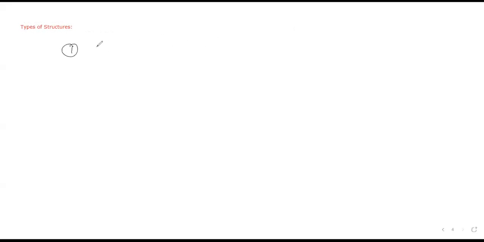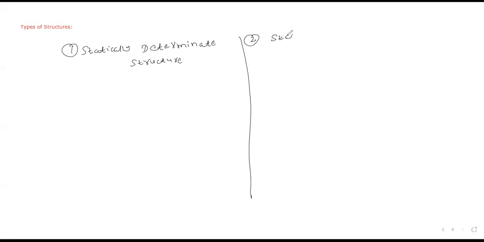One is a statically determinate structure. Another is a statically indeterminate structure.